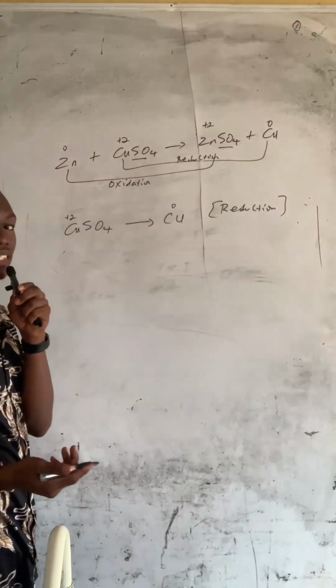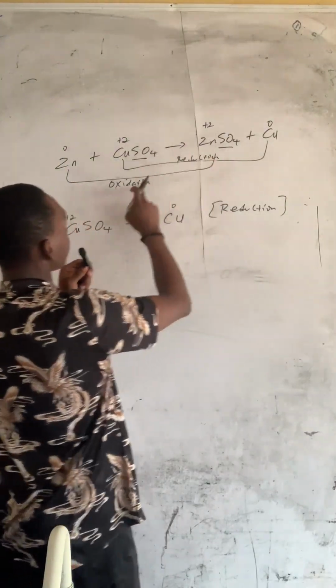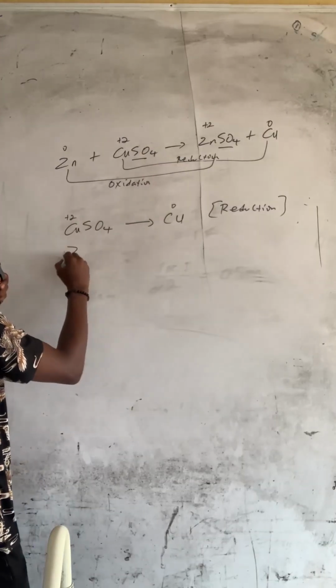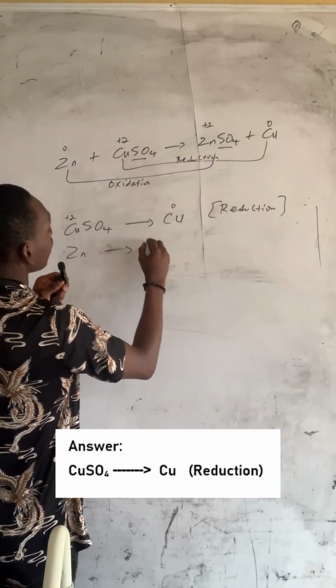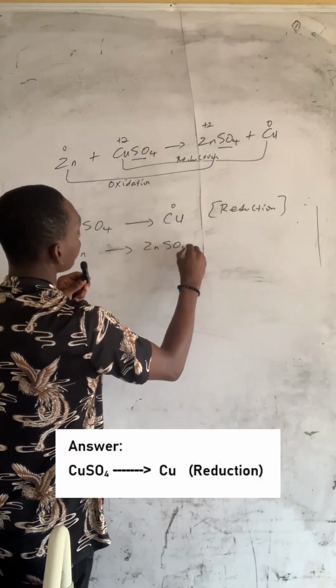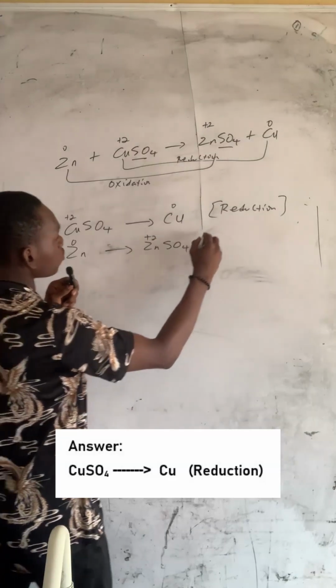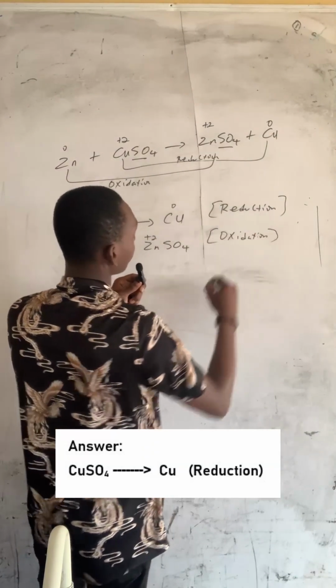What if we are asked to write the oxidation half? Very easy. We've known that zinc here is undergoing oxidation. So zinc giving us zinc sulfate, from oxidation number 0 to +2, is our oxidation half equation.